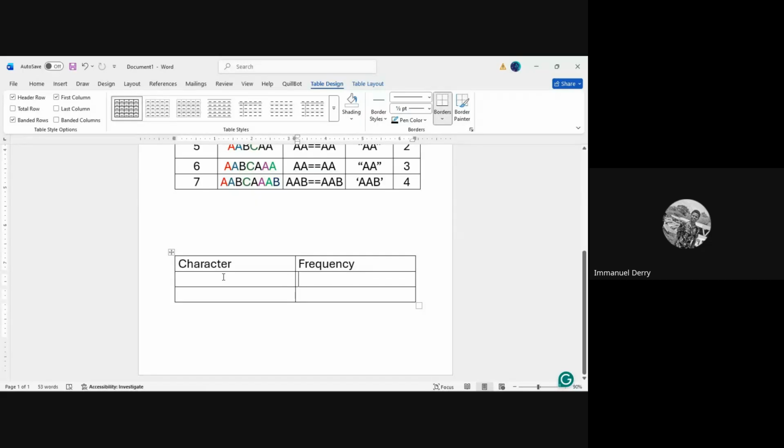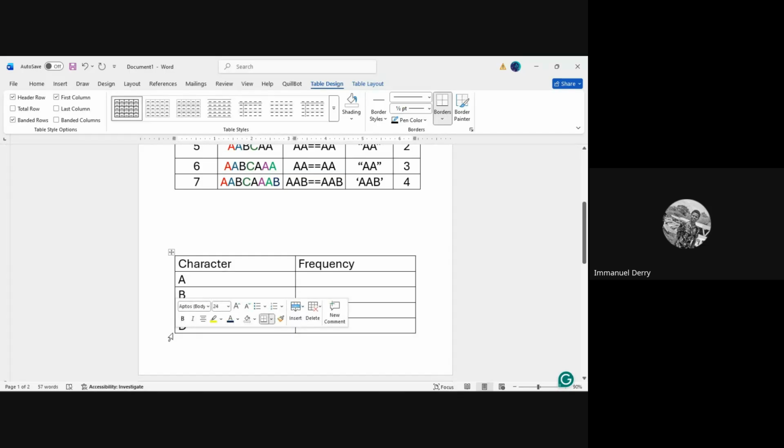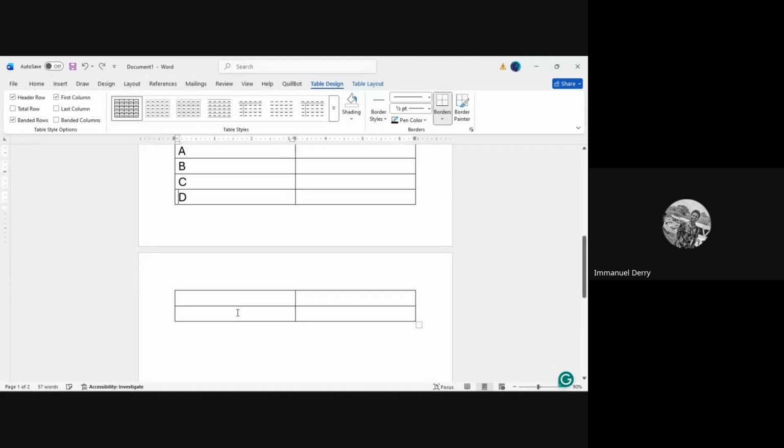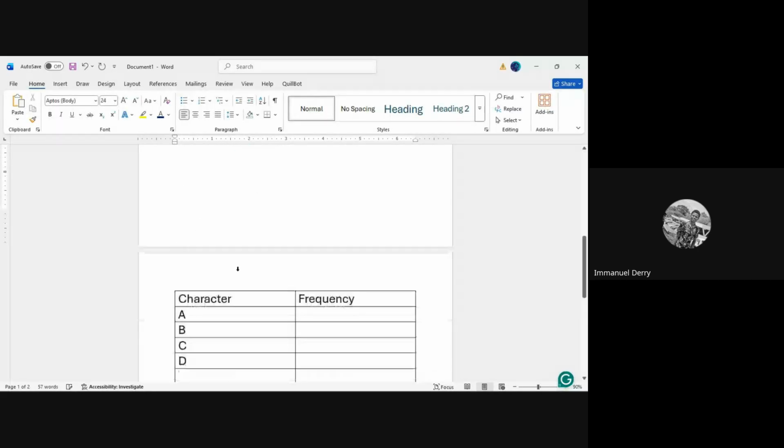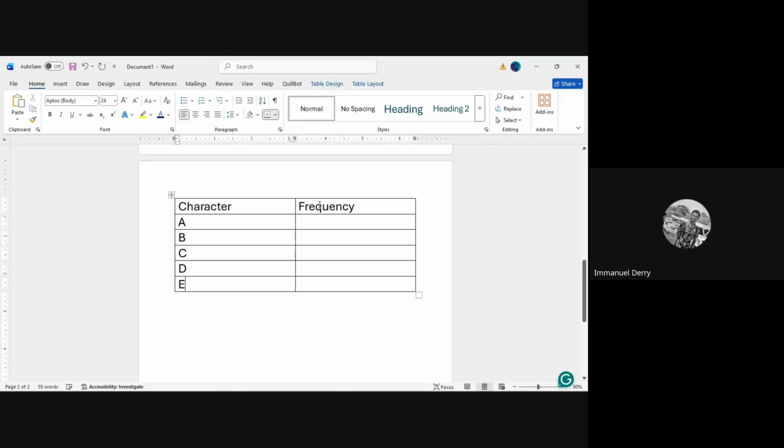In our message, we had 5 characters: A, B, C, D, and E. The frequencies: A occurs 3 times in the document, B occurs 5 times, C occurs 6 times, D occurs 4, and E occurs twice.